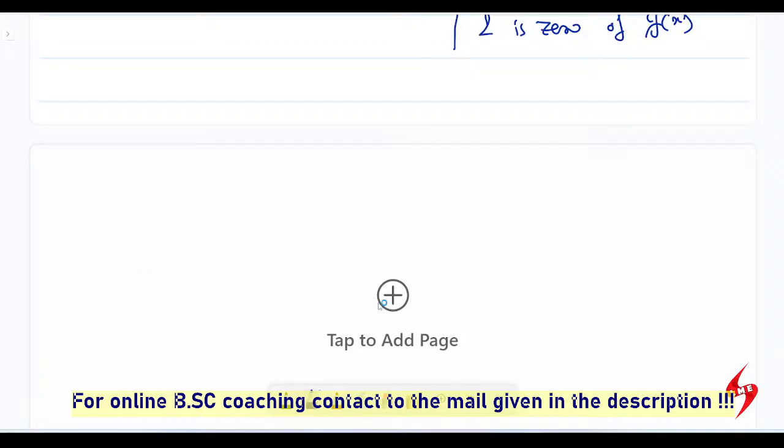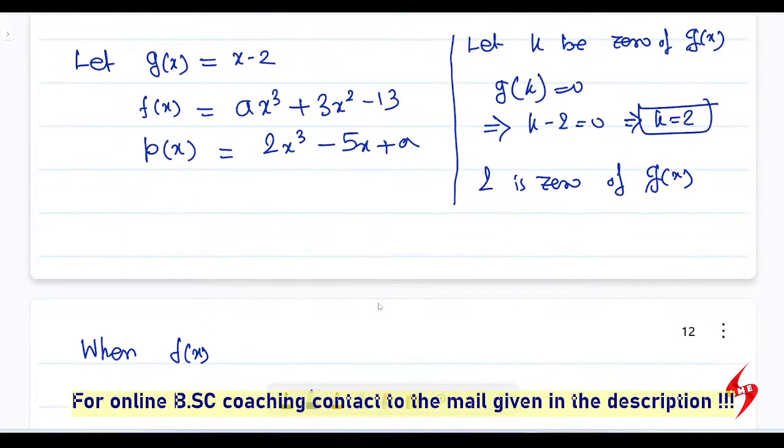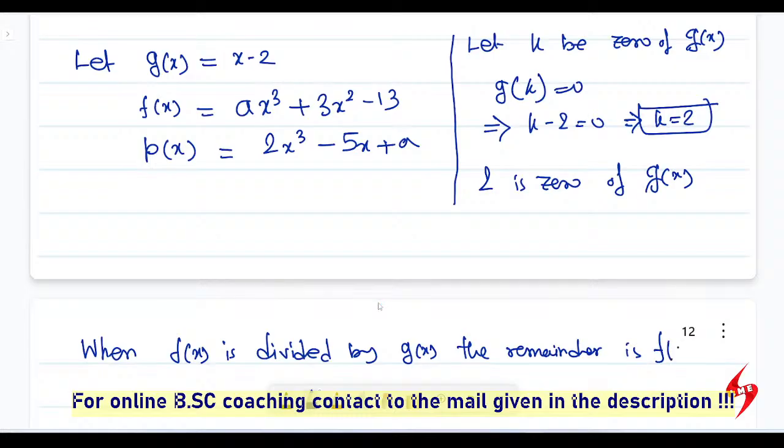Okay. Next, when f of x, this is my f of x, is divided by g of x, the remainder is f of 2, as 2 is the zero of g of x.